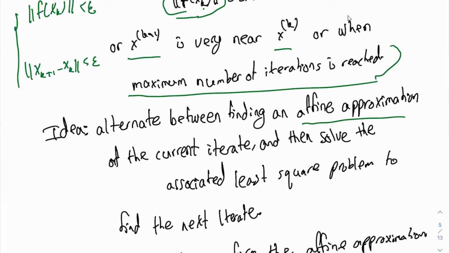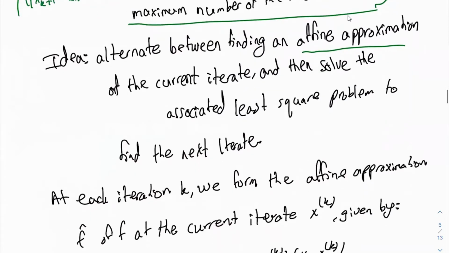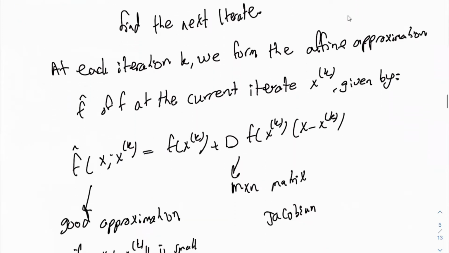Then you use the techniques that you have learned in the past to solve the linear least squares problem. So two steps: first, the affine approximation, then solve the associated least squares problem to find the next iterate. Okay, good.